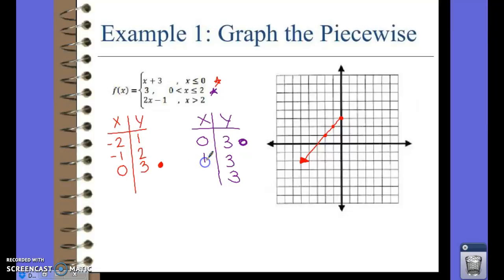Say I plugged in 1, and I plug in 2. At 2, which is my second breaking point for the middle piece, it is closed because x is less than or equal to 2.